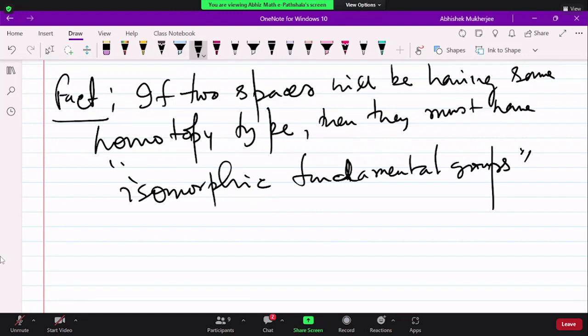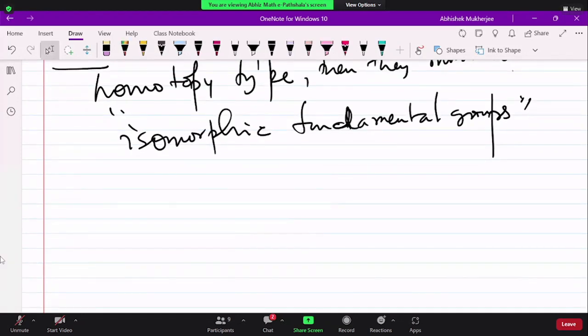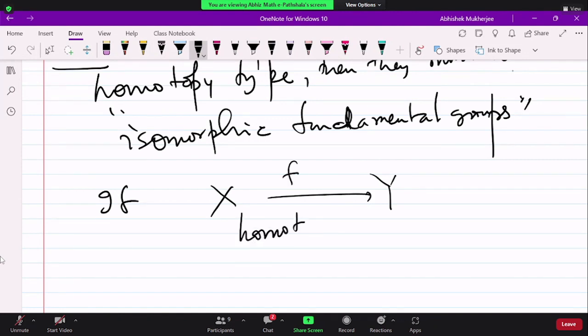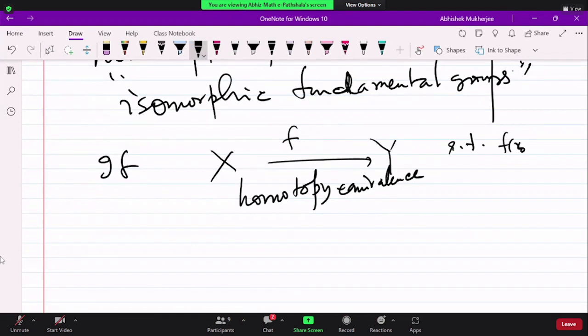So let us consider two spaces X and Y, and suppose it is possible for you to construct a homotopy equivalence F between X and Y. You need to choose a base point in X and a base point in Y and connect these two base points by this map, that is, F of X naught must be Y naught.